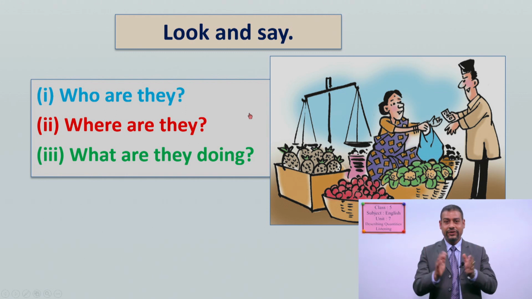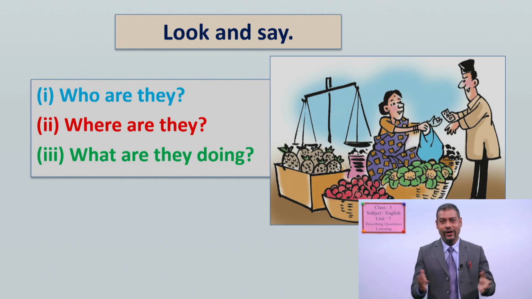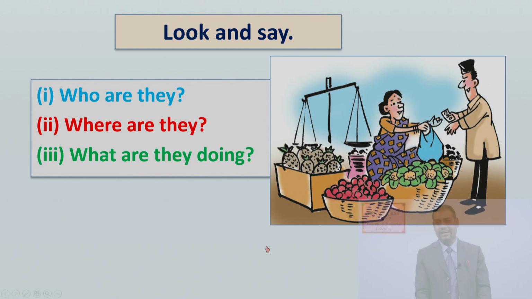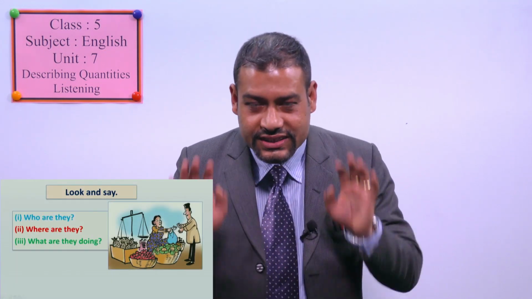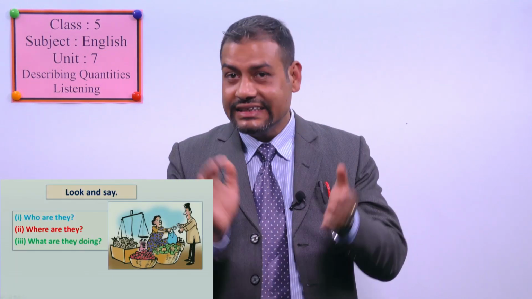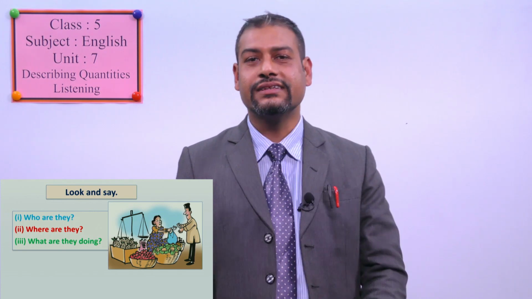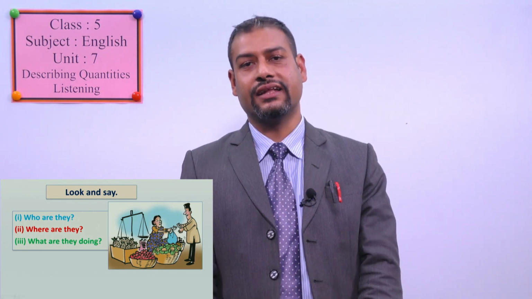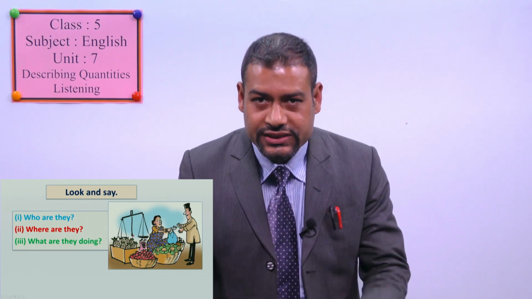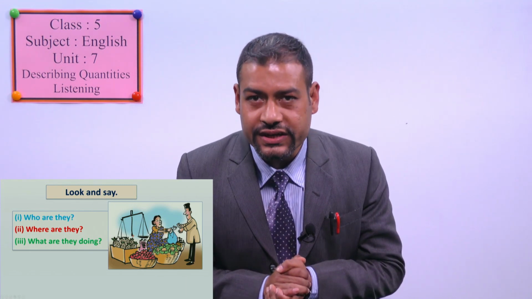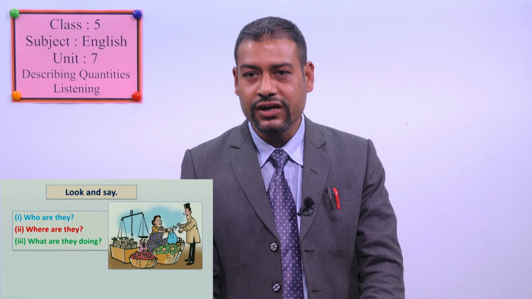So what's your answer for question number 1? Who are they? Are they student or teacher? No. Then who are they? Yes, they are shopkeeper and a customer. They are, once again please tell me. Yes, very good. They are customer and the shopkeeper. So can you tell me who is the shopkeeper here? This woman or man?